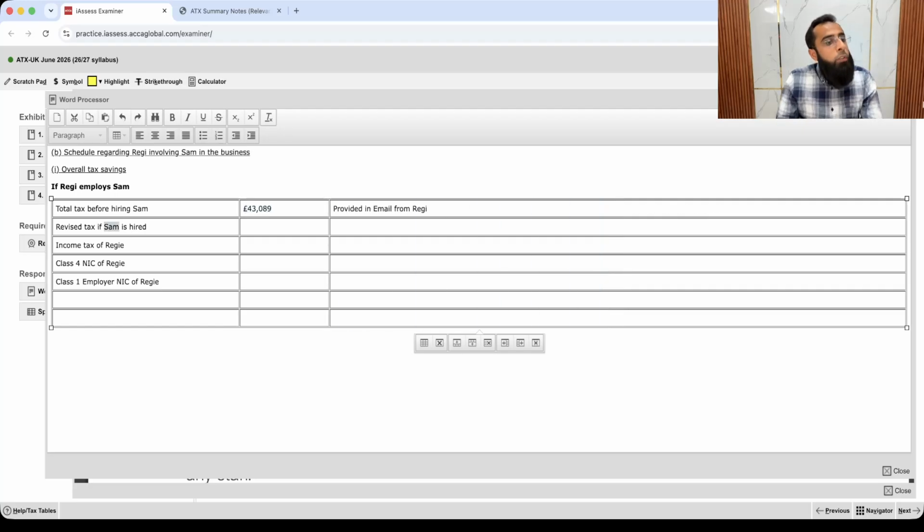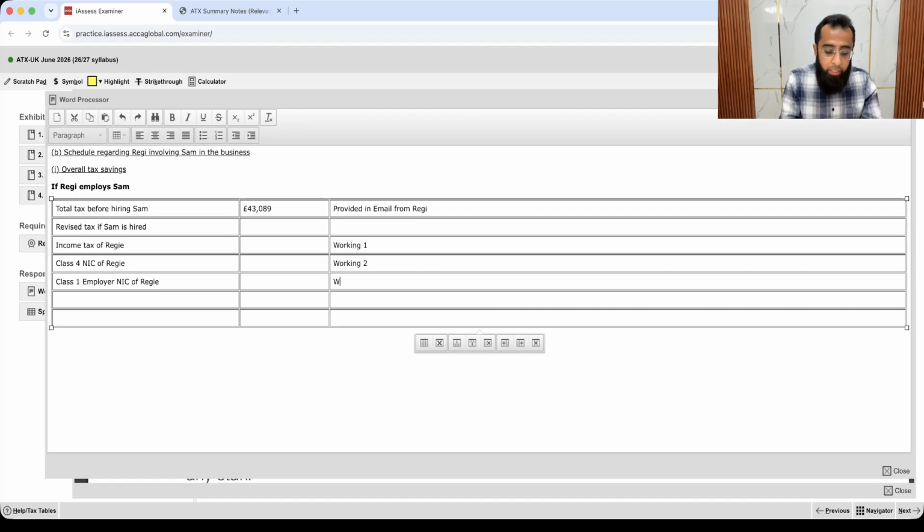Now what will be the revised tax if Sam is hired? We need to work out the income tax in working 1. We need to work out the class 4 NIC of Regi. Because when you hire Sam, your trading profit will get revised. And when my trading profit gets revised, automatically my income tax and class 4 NIC will change.